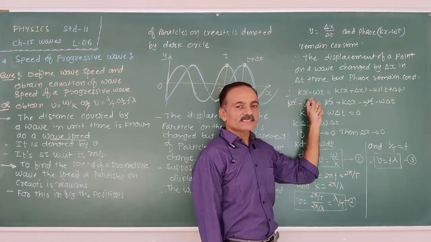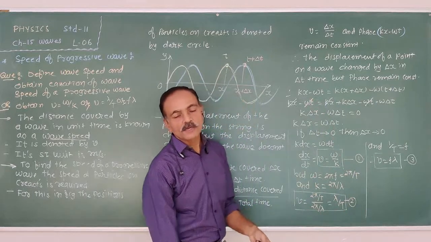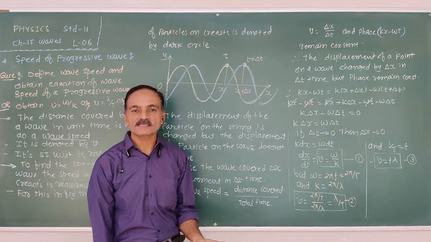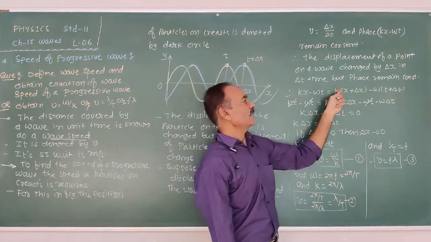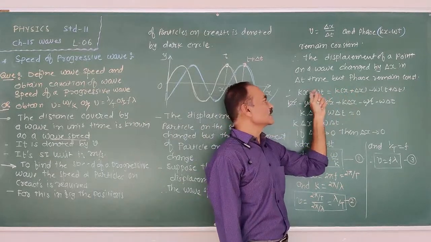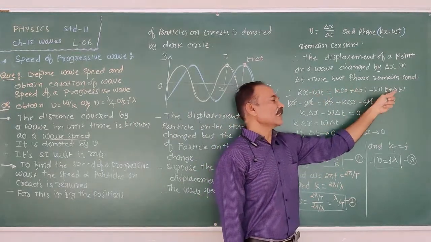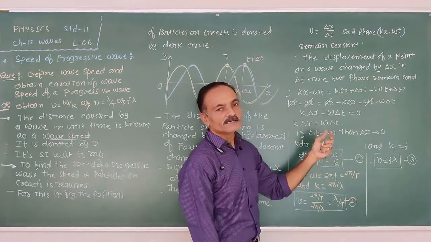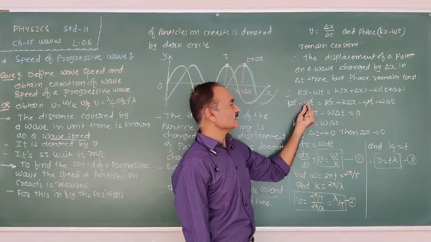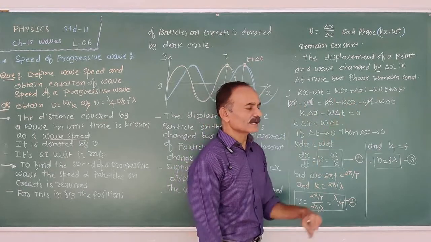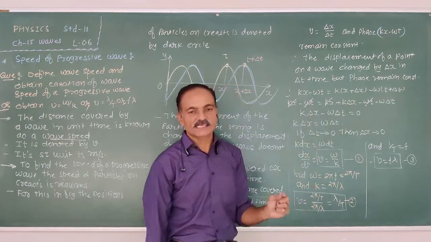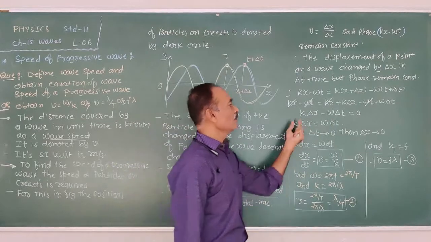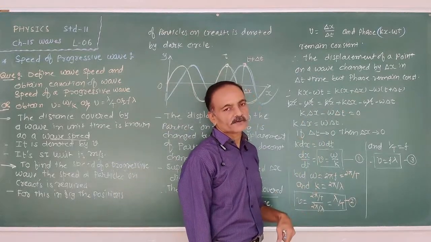Therefore, kx minus omega t is equal to the phase at time t plus delta t. That means the position is increased by delta x, and the time is increased by delta t. As we open this bracket on the right hand side and cancel kx minus omega t, the remaining part is k delta x minus omega delta t equal to 0.